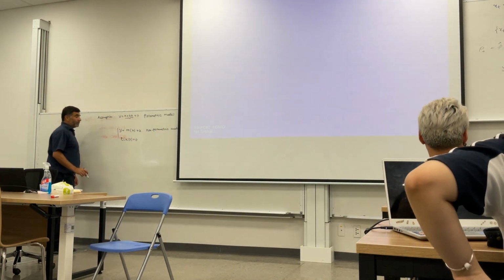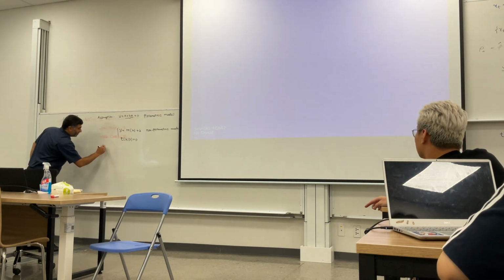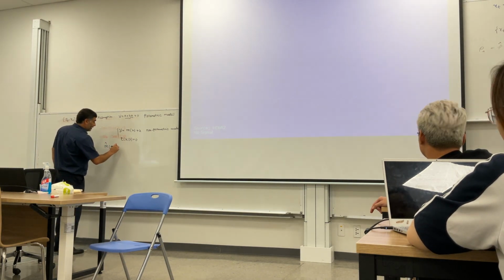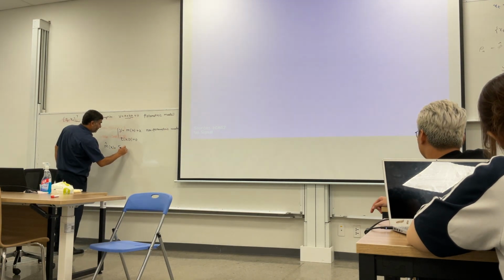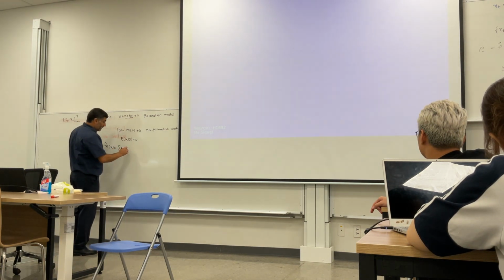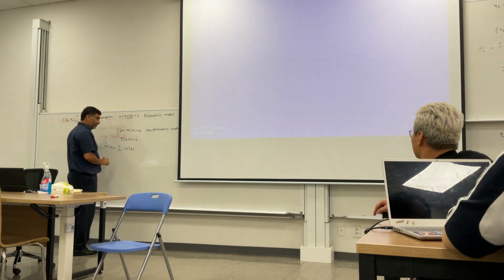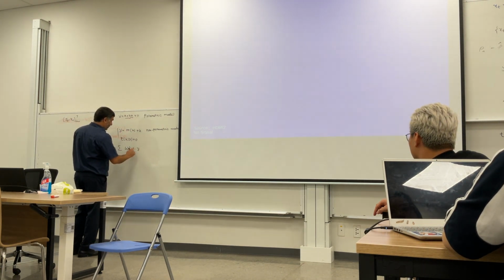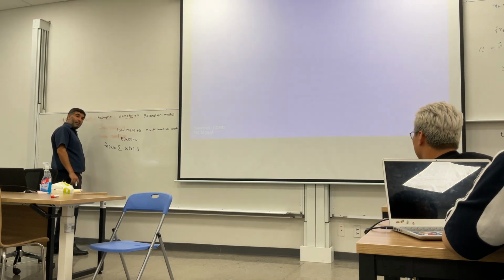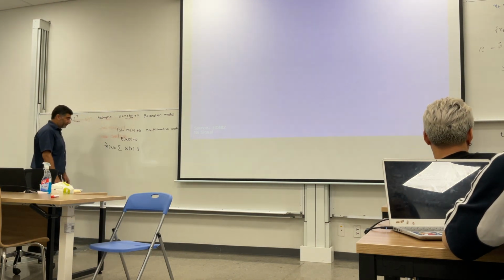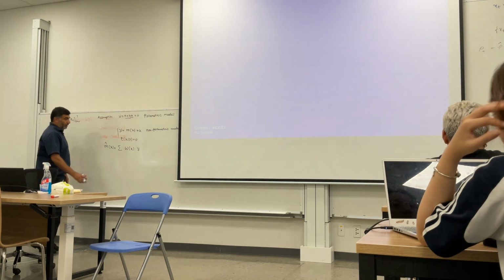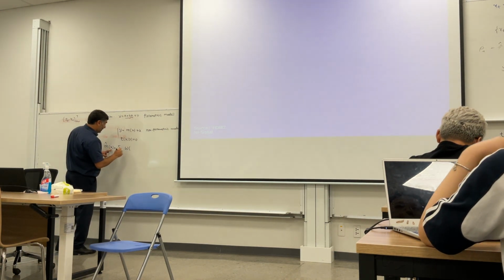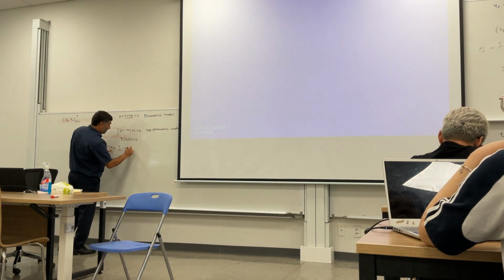So m hat at any value x should be the summation of some specific weighting scheme at x, which is also a function of all of the observations that you have, times y_t.